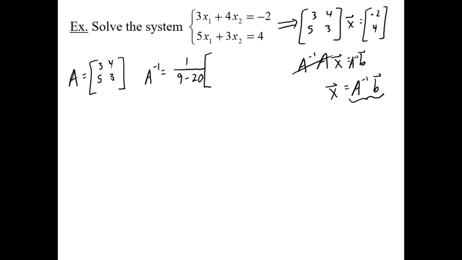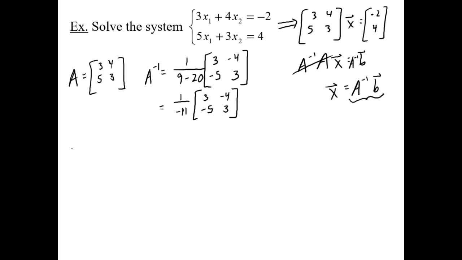The main diagonal switches spots, but they're both 3s, so nobody notices. The other entries get multiplied by negative, so -4 and -5. And so A inverse is equal to 1 over -11 times [3, -4; -5, 3]. Okay, so there's my A inverse.